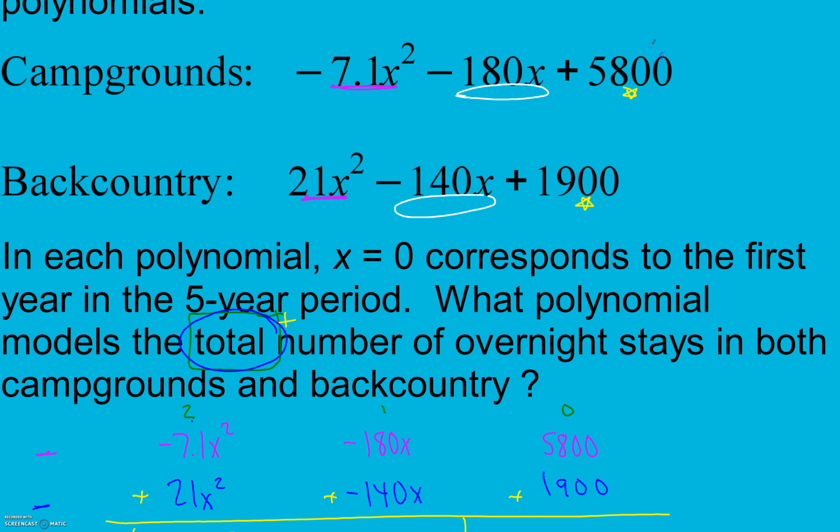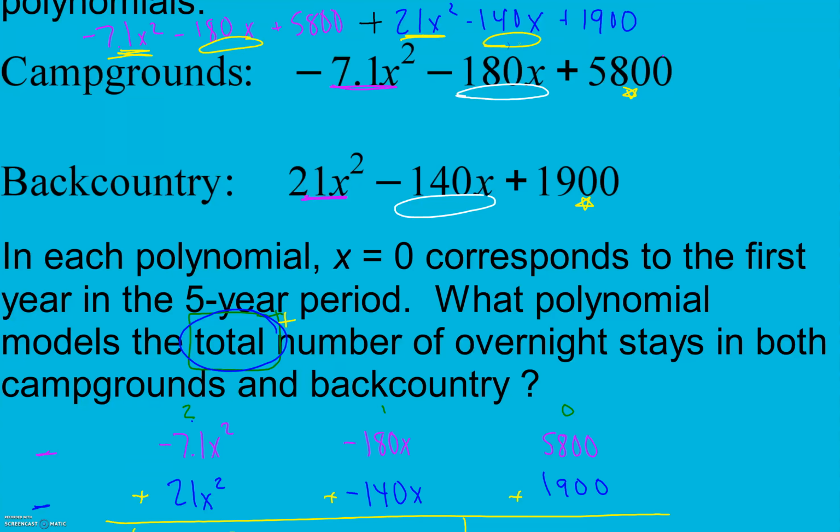You could also rewrite this so that they're all on one line. And then we're going to add. And again, we can then, based off our degree, combine our like terms.